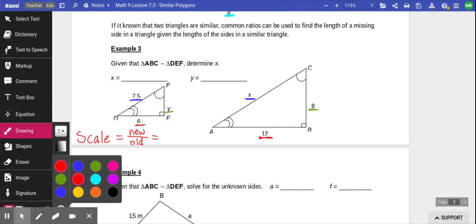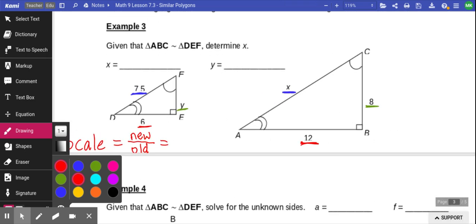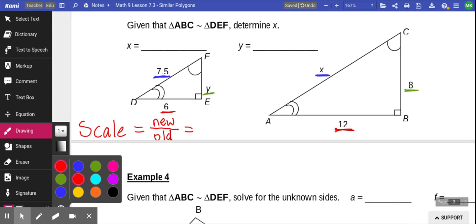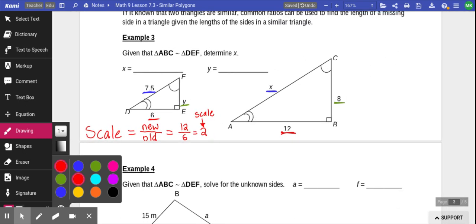The only sides that match where I knew both numbers was my red. So that means my new one of 12 divided by my old one of 6 would tell me that the scale is 2. Then I can use that scale to calculate new lengths. We'll start with x.